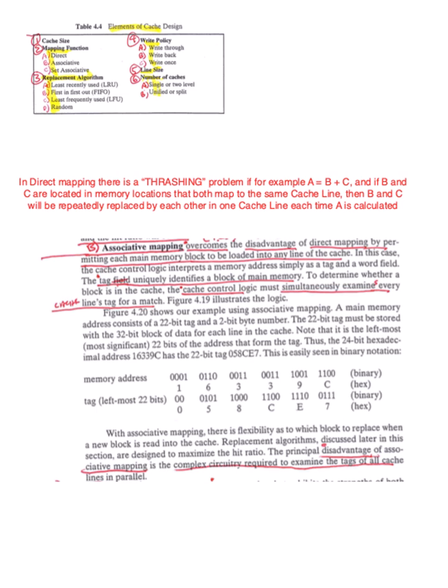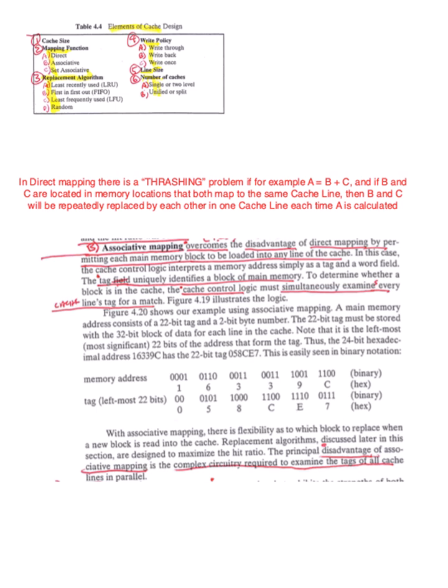Associative mapping overcomes the disadvantage of direct mapping because each main memory block can be loaded into any line of the cache. So there are not groups that each point to the same slot, line in the cache. You have everything in memory with a separate line where it could be anywhere.